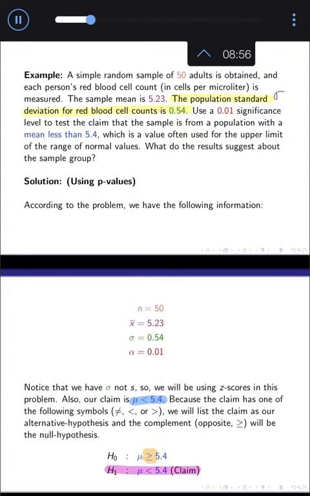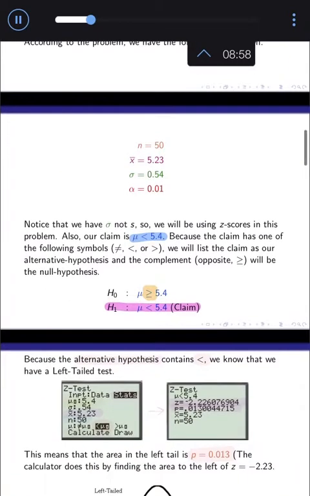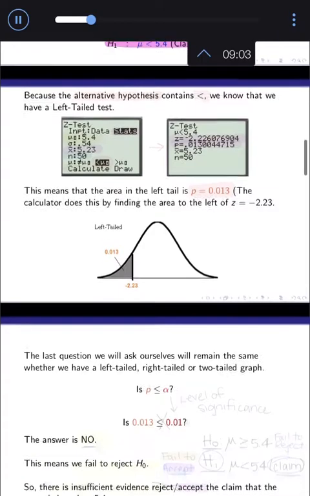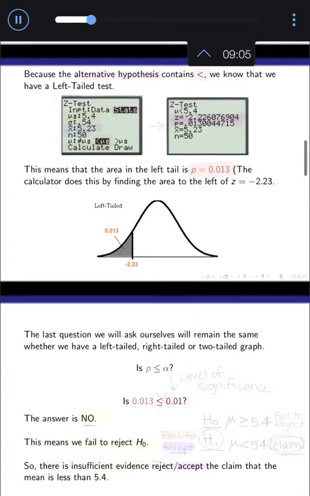So that means that we are going to be doing a z-test because we have sigma. So we can go into our calculator and pull up z-test. So notice we don't have a set of data in this one. We just have a bunch of information they gave us in the original problem.